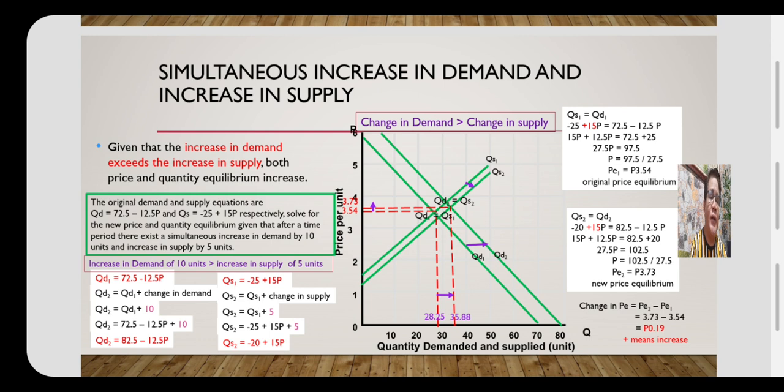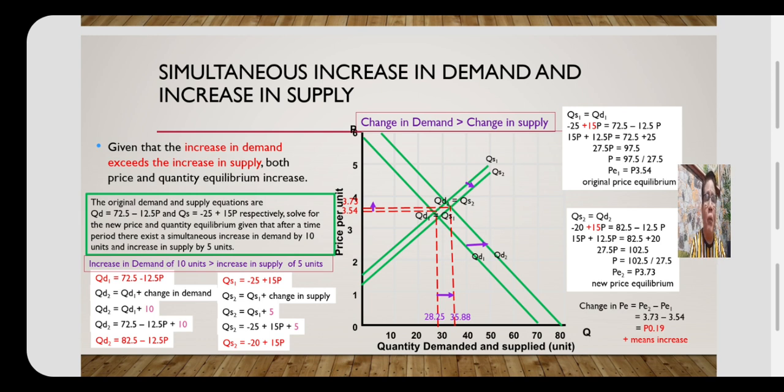And this will give us a difference of 0.19 centavos. And the sign is positive. Positive means increase. So that is, the price equilibrium increased by 19 centavos.